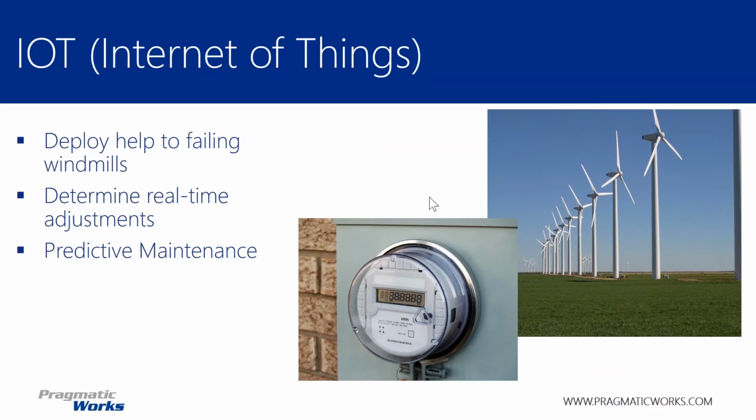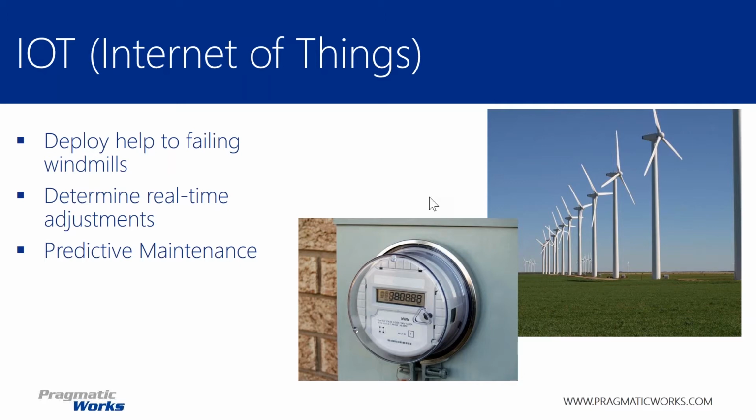Now, what are a few scenarios where we can use real-time analytics? There are some traditional options out there, some things to think about. Really what we want to talk about right now is, we're going to go through the tool today, but what are the business cases that this tool can solve? Now, one of those things is something called the Internet of Things. A lot of people have probably heard of this by this point, and we're helping a lot of clients set up Stream Analytics and Internet of Things scenarios.